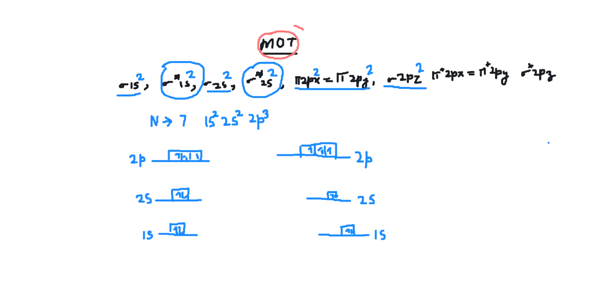Next thing we have to do is, in the center of these two, we will write the molecular orbital electronic configuration of nitrogen.